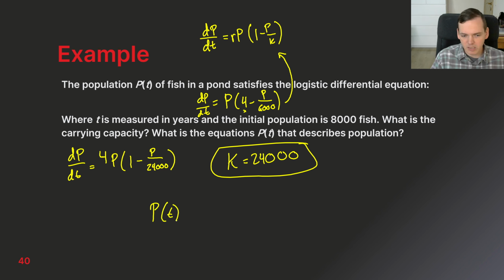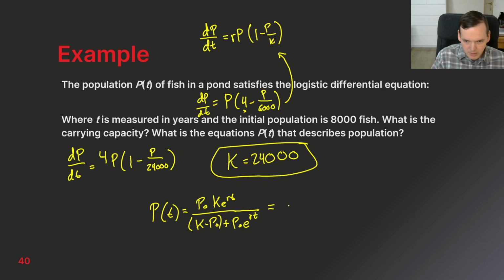What is the equation P(t)? You're not expected to calculate this if it ever came up. It's, I think, basically only in Khan Academy problems. But just go through and use the general solution that's known. Or if you are doing this in the real world, because it's a defined thing and the solution is known, we just take all the values we know from the differential equation and plug them in here.